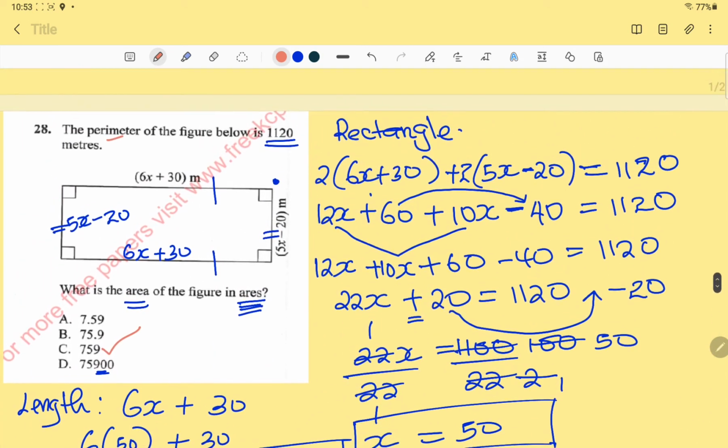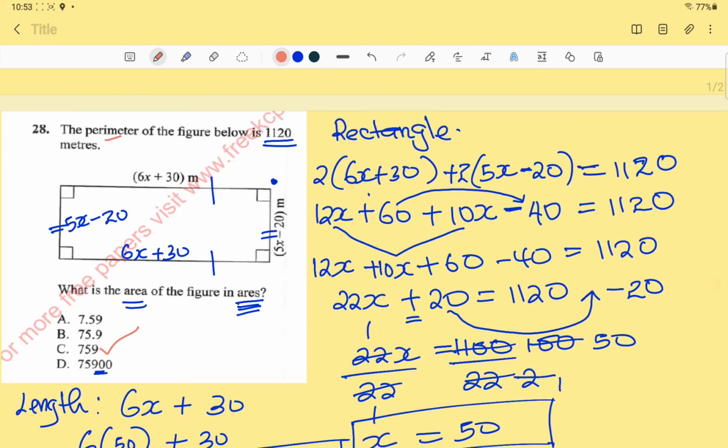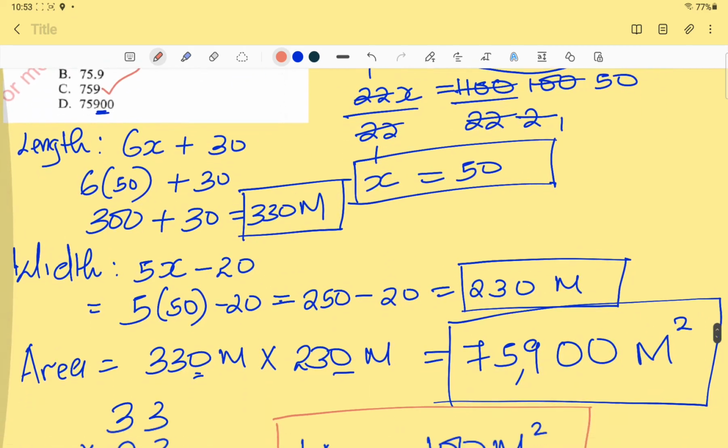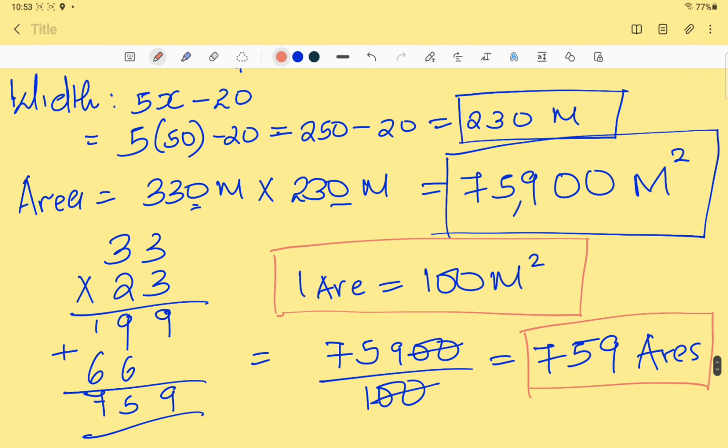So this type of question is very common. So it is very, very important that you understand this type of questions. So we are going to do more of these questions, and also we are going to do algebra, and also, as I have said, we are going to do a lesson on converting from one unit to another, maybe meters squared to hectares to hours to decameters to decimeters.